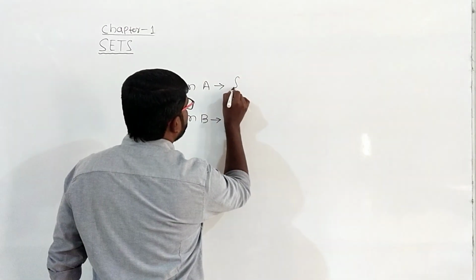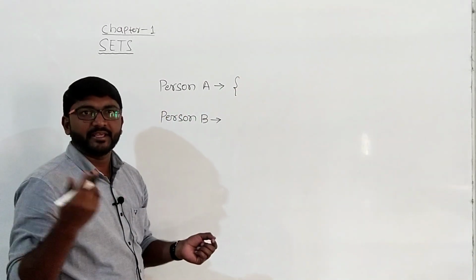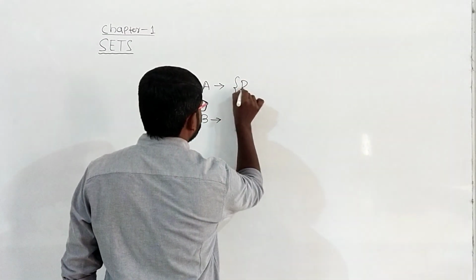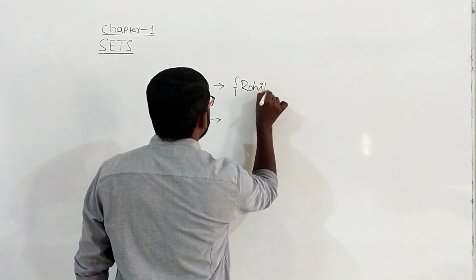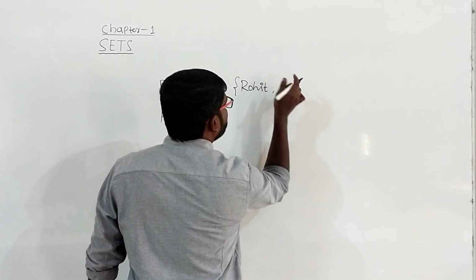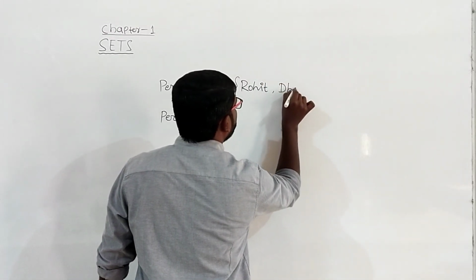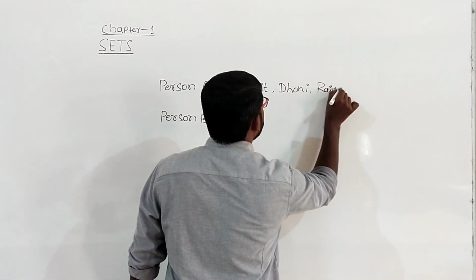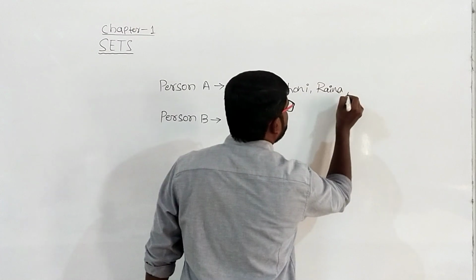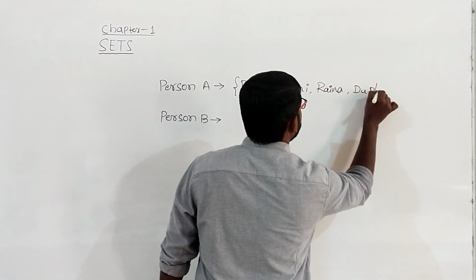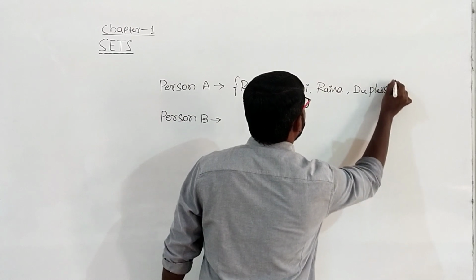According to person A, the top 4 batsmen are Rohit, Dhoni, Raina, and Duplessis.